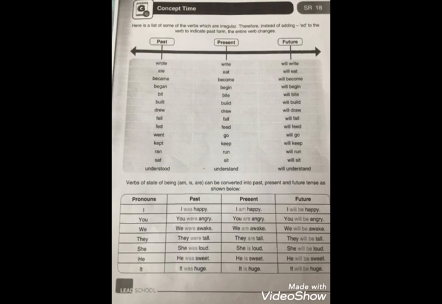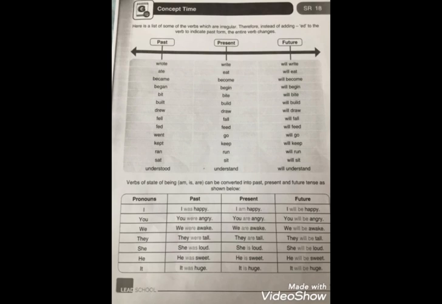I was happy, I am happy, I'll be happy. You were angry, you are angry, you will be angry. We were awake, we are awake, we will be awake. They were tall, they are tall, they'll be tall.